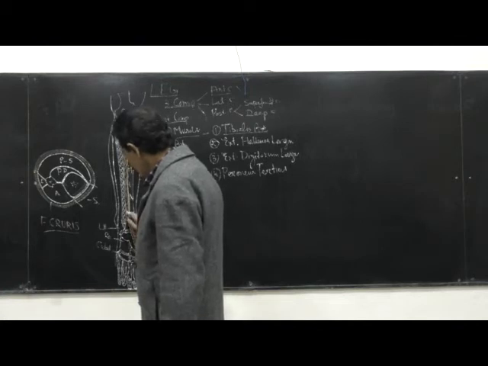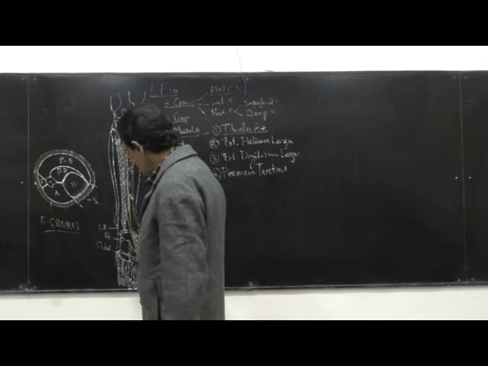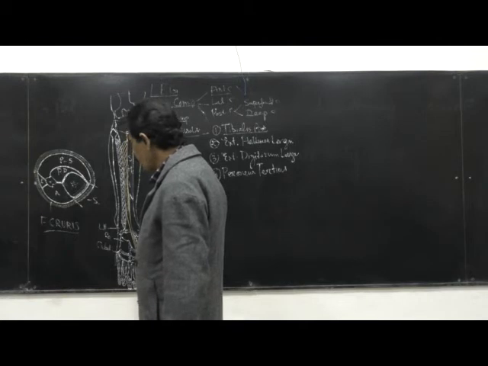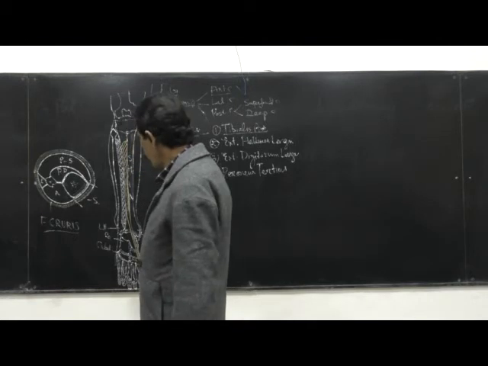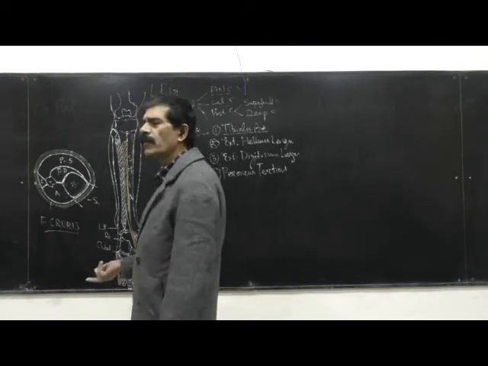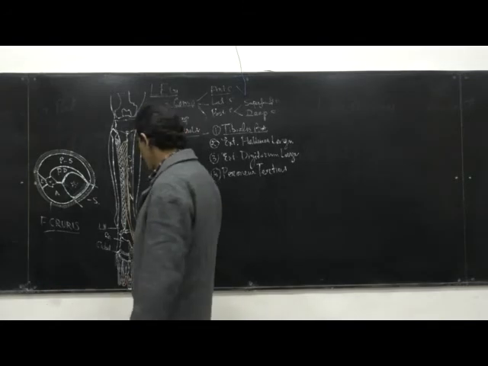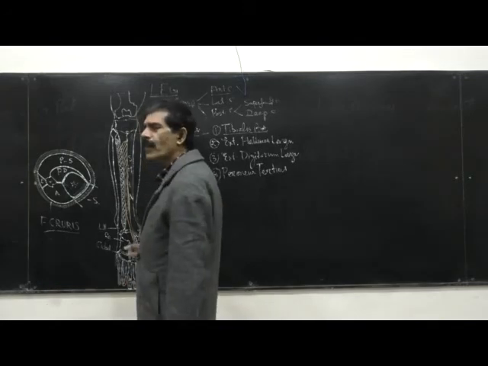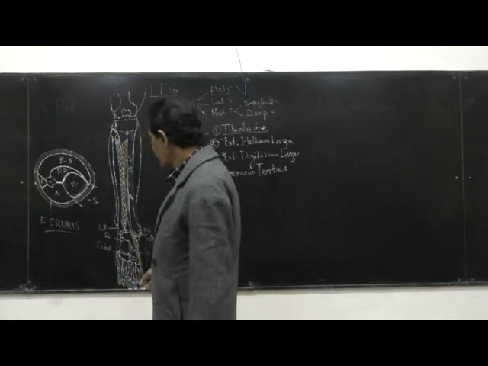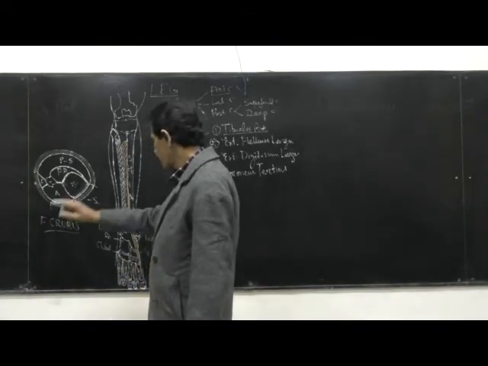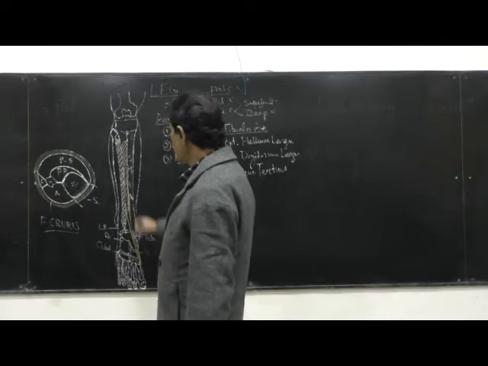So that is the insertion of tibialis anterior. So it is inserted on the middle of the medial border of the foot. Middle point of the medial border of the foot is the medial cuneiform, or the base of the first metatarsal. We count the metatarsals from the big toe: first, second, third, fourth, and fifth.